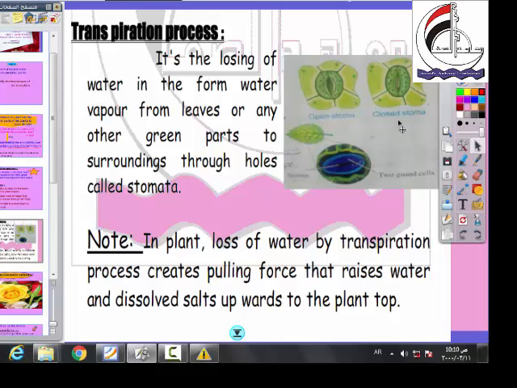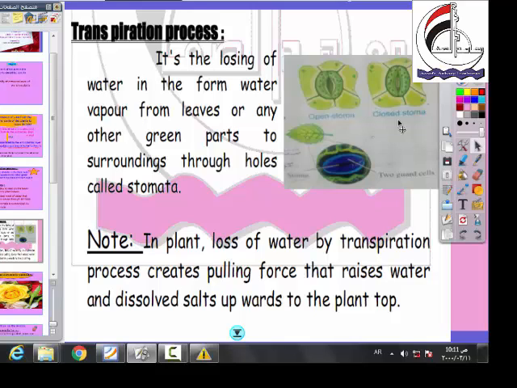Selective permeability is a process by which the cell membrane allows some types of salt according to the plant's need. Osmosis is a process by which water is transmitted through the cellular membrane from high concentration of water to low concentration of water. These three definitions are very important for the exam.